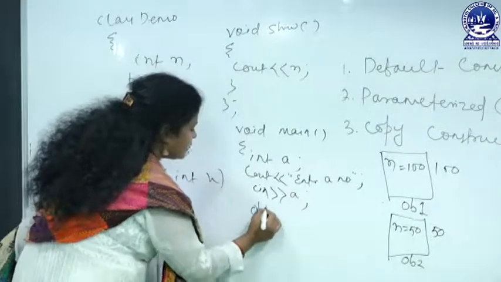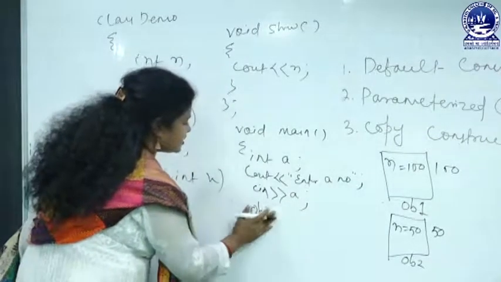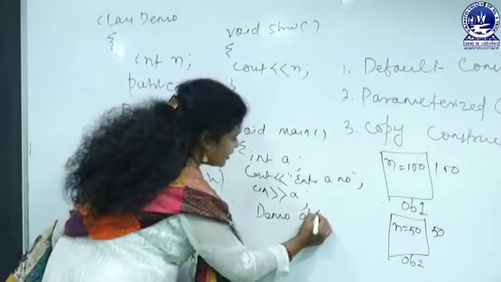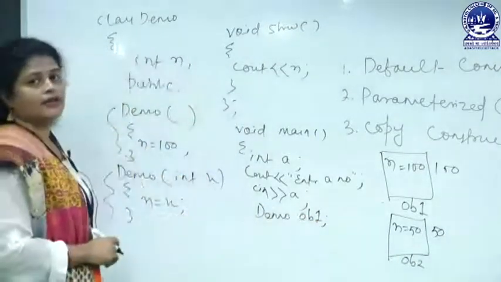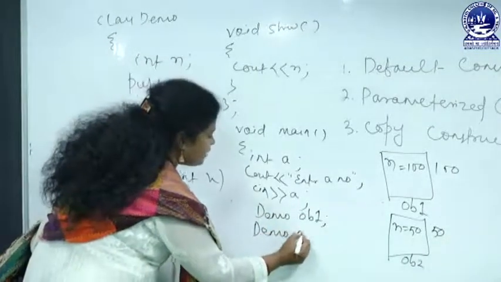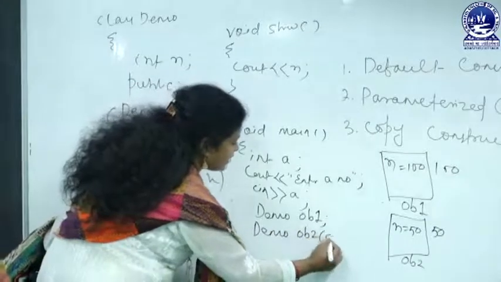Then, writing demo OB1 means we are calling the default constructor, then demo OB2 with a.